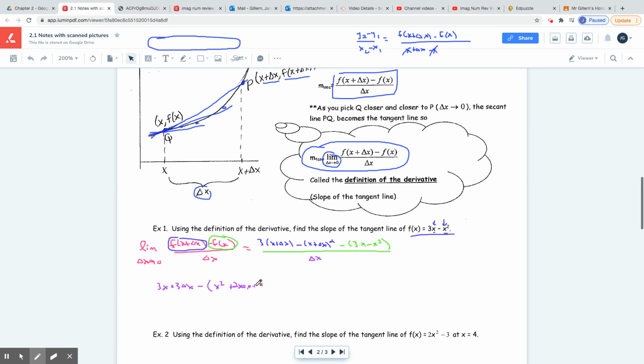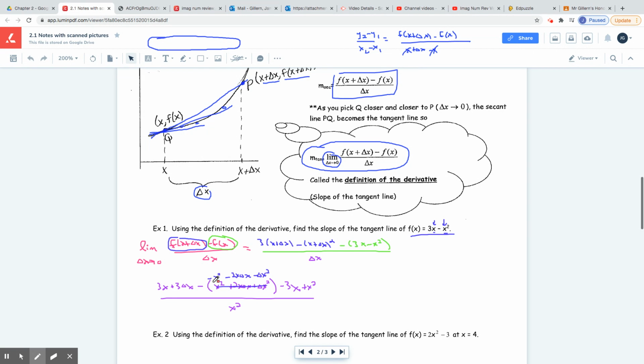Delta x times delta x is delta x squared. Minus 3x plus x squared, because I needed to distribute the negative. So just so I have to write all this out again, if I distribute this, I get a negative x squared, a negative 2x delta x, and a negative delta x squared.